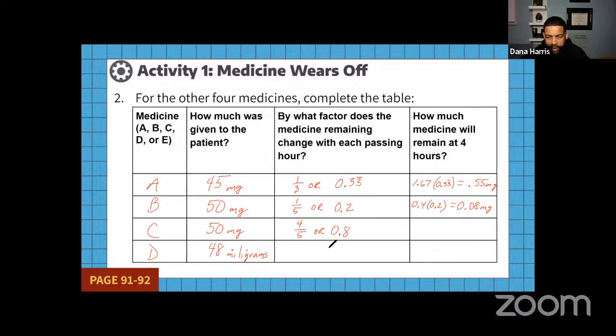And then so if I take the value for the third hour from C, and I say 20.25, and I multiply that by 0.8, I'm going to get, what did I get? 20.48 milligrams.